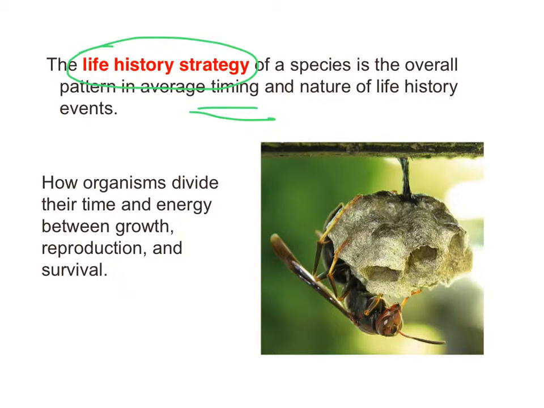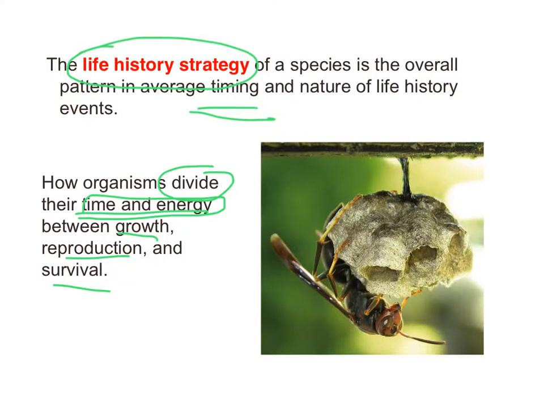If you think about life history as a budget, like how do you divide your time and your energy? So we're talking about time and energy, really. How do you divide both time and energy between growth, reproduction, and survival? Remember in class, we talked about the fact that the three major ecological parameters of incredible importance that we want to always focus on and think about are growth, reproduction, and survival.